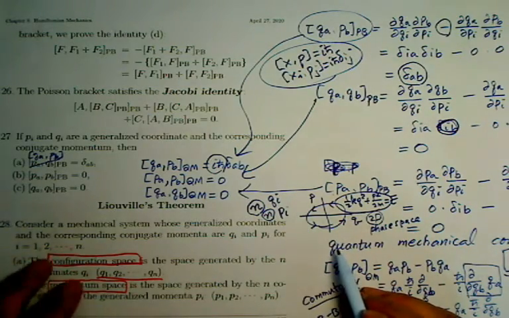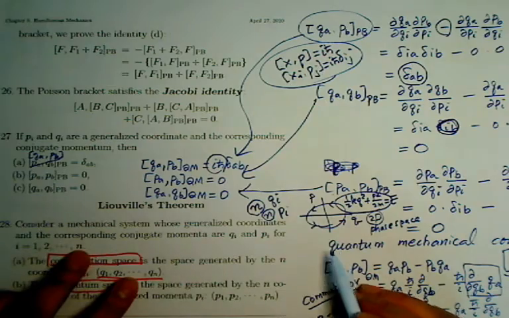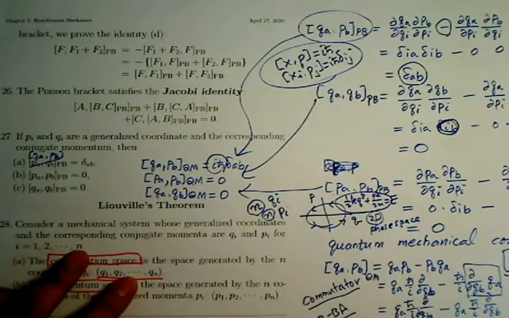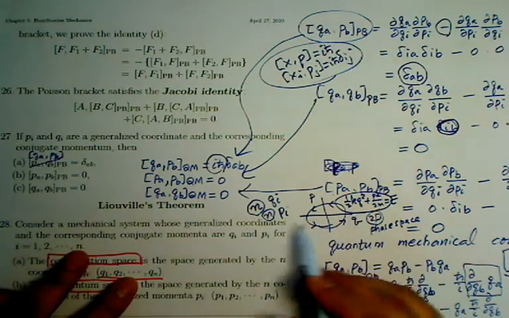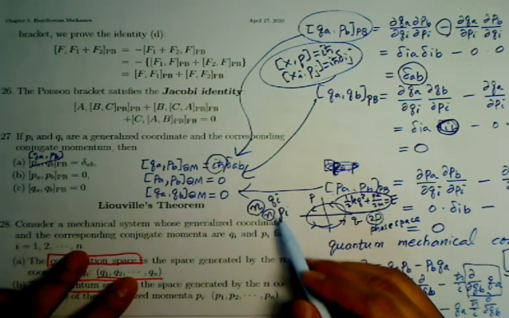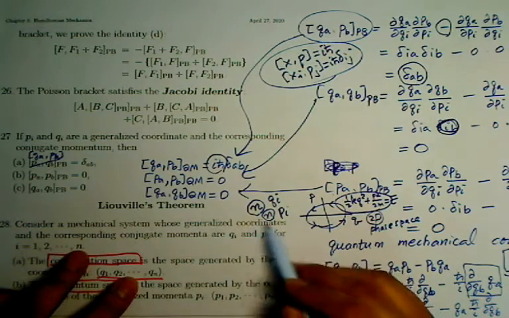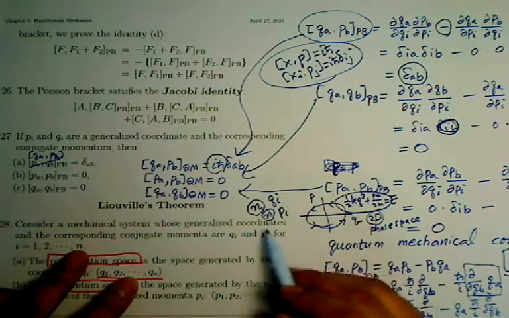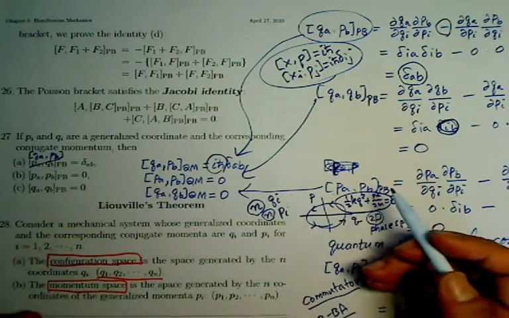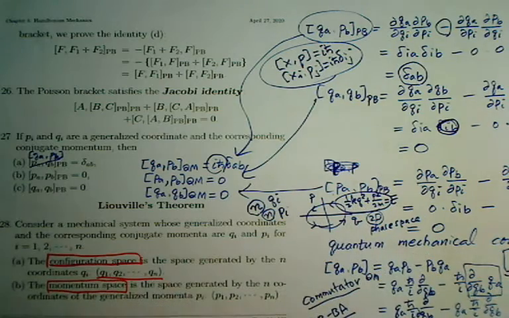If I have n degrees of freedom for the coordinates, then our phase space, the n q_i's and n p_i's, generates a Euclidean space that is composed of 2n variables. So we need to consider the 2n-dimensional Euclidean space that is generated by these n coordinates and n conjugate momenta.